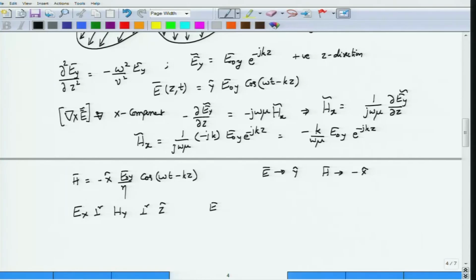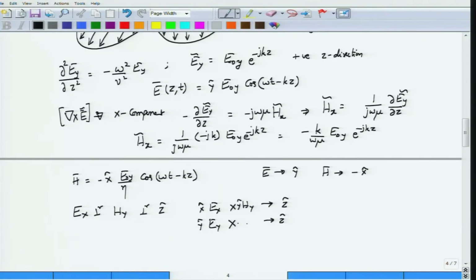Moreover, when you take the cross product, the direction of the electric field curling towards the magnetic field must point in the z direction. Okay. So the electric field cross the magnetic field must point in the z direction. So based on this, it's very easy to see that if E is along y direction, you have y hat cross something, which must point in the plus z direction.